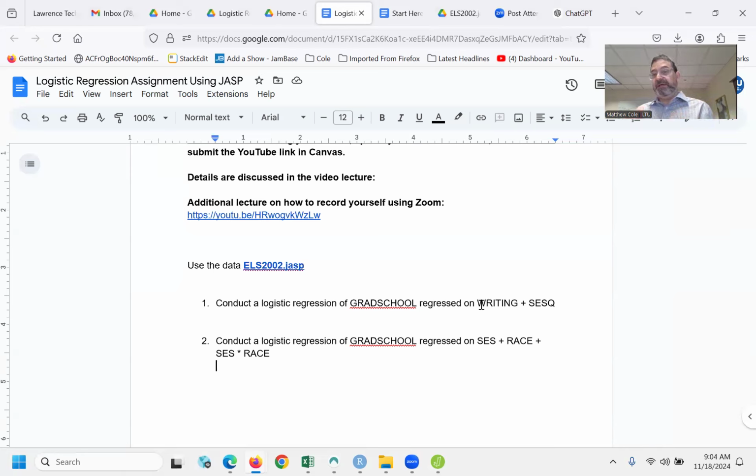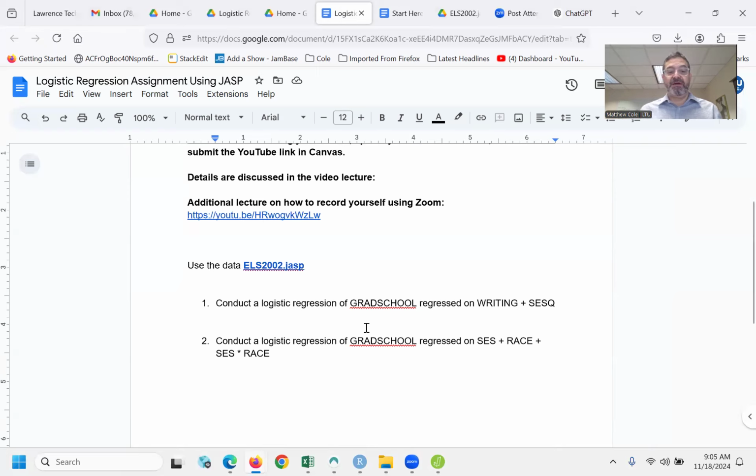So now we have the independent variable, which is a scale, just like prep. It's got a mean of 0 and standardization units of 1, and it's self-reported writing skill. I think it's actually test scores. How well did you write? And then we have socioeconomic status, which has been turned into a categorical variable as quartiles.